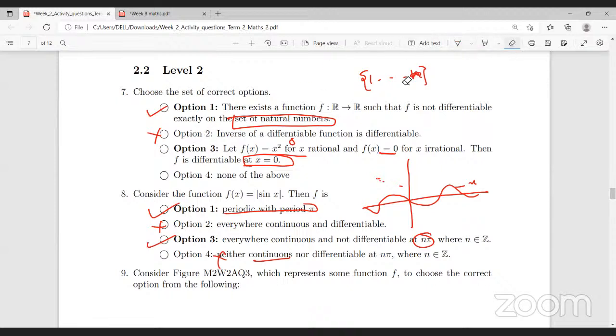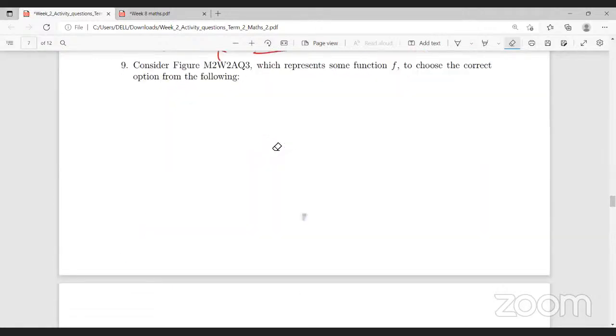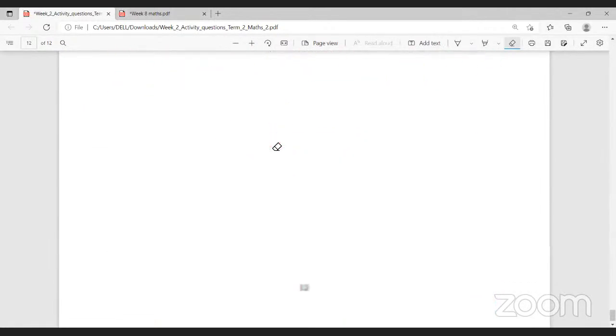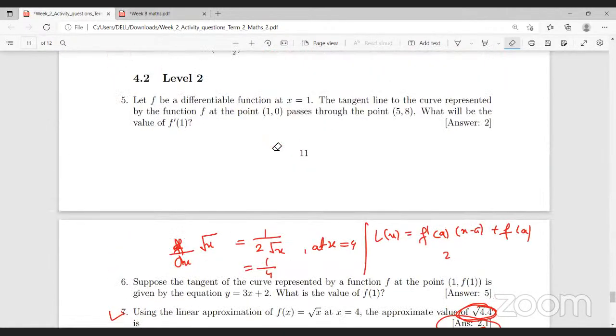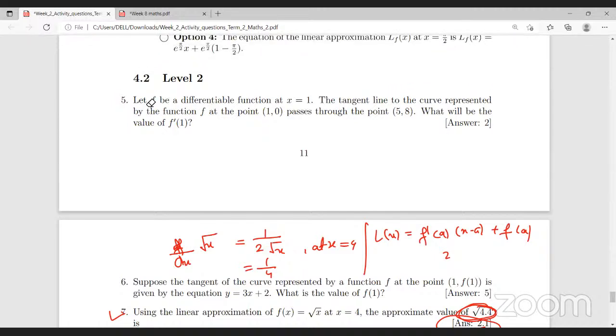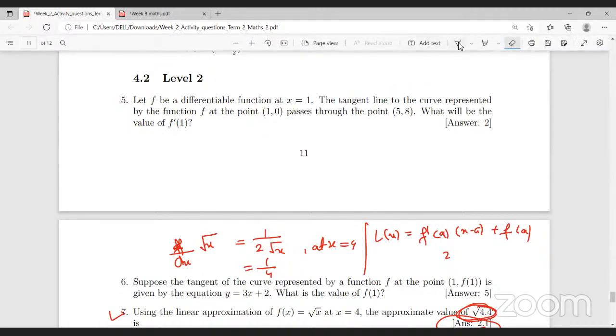Sir, question 8.4, number 5. The curve passes through the point 5, 8, and what will be the value of f dash at 1? We have to find the tangent line to the curve.